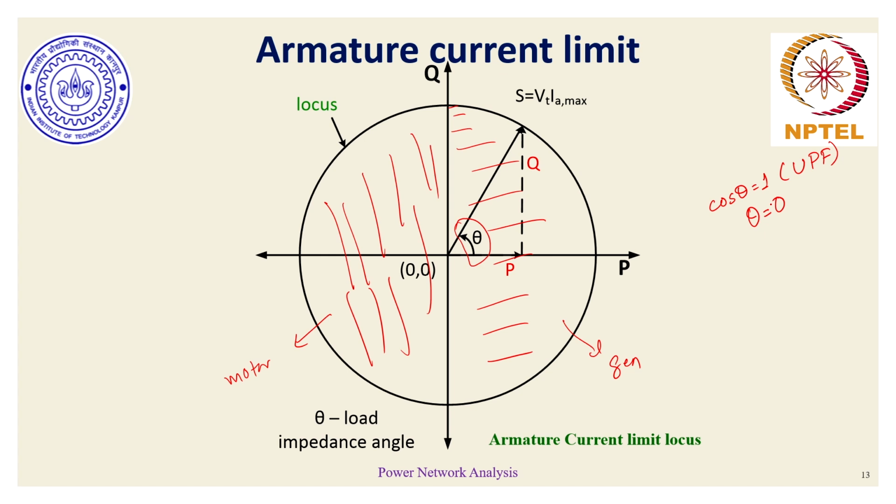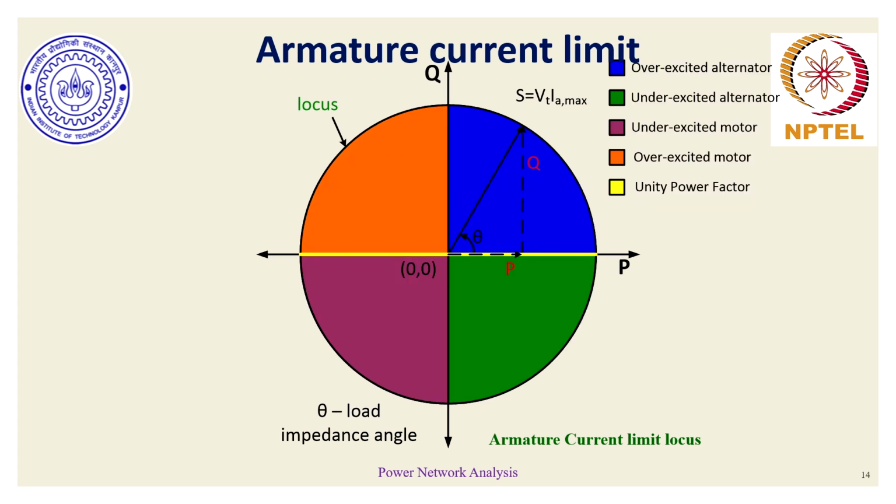So if theta is 0, there is also a way to mark this unity power factor operation on this locus plane, which is the one shown over here. The yellow line marked here represents the unity power factor operation, and the blue and the green regions refer to generating points. The purple and the orange ones refer to motor points.